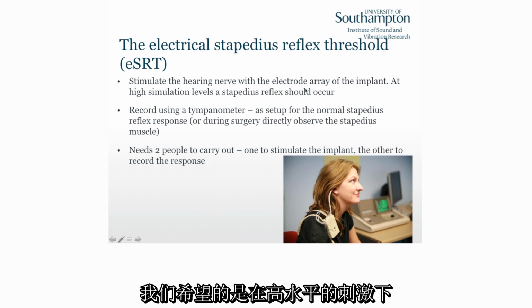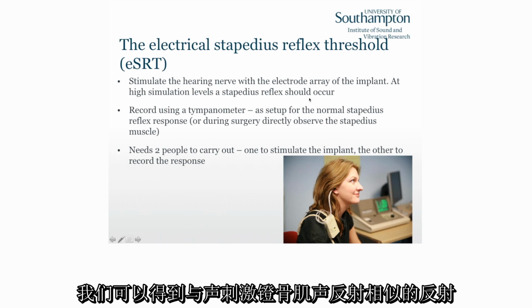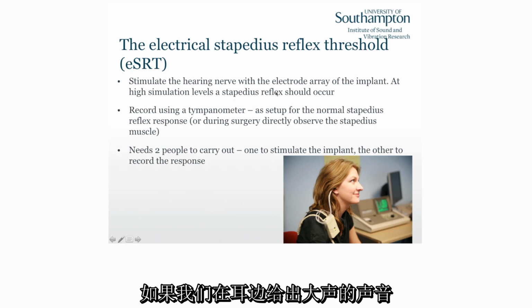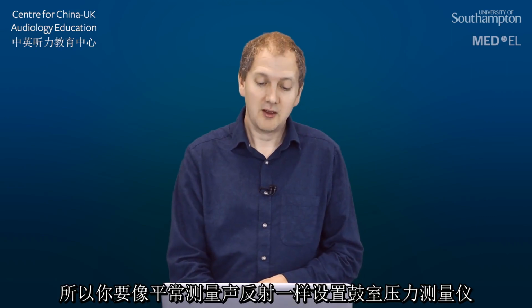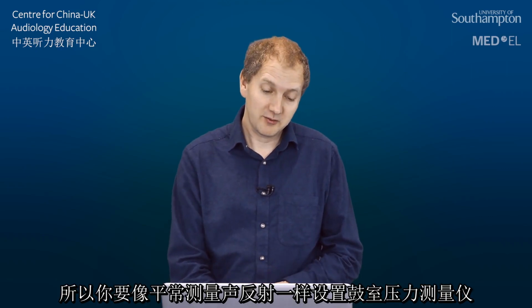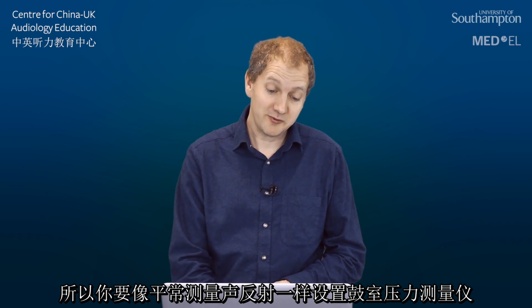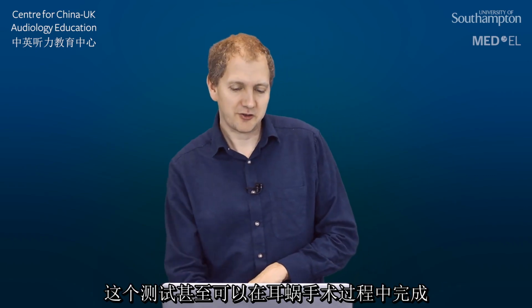So we'd expect that at high levels of stimulation we may get a stapedius reflex in the same way that we do for loud sounds. If we play a loud sound to the ear, the stapedius reflex occurs and we see an acoustic reflex. You'd set up a tympanometer as you normally would to measure acoustic reflexes, and this can even be done during surgery.